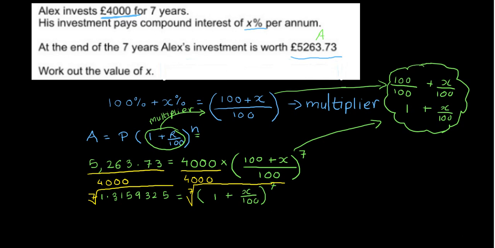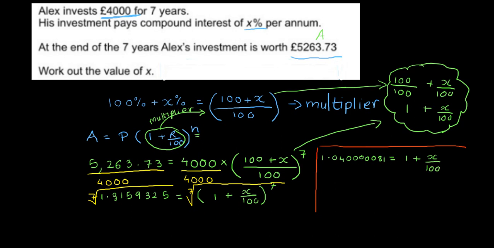I'm going to split my page up, otherwise I'm going to really struggle with space today. So we were writing in green, we'll switch back to green. So this is 1.04, loads of zeros, 5 zeros and 81. That's equal to 1 plus X over 100.